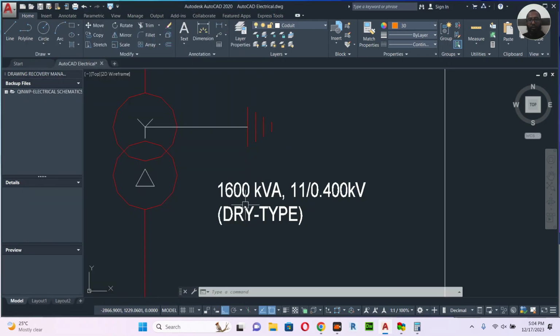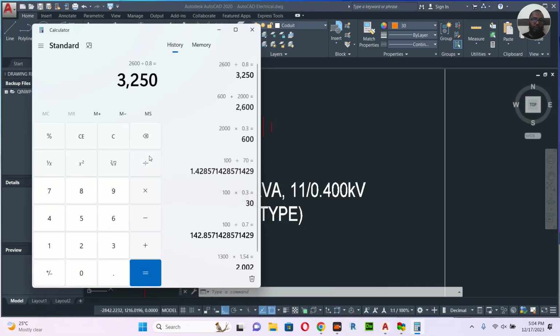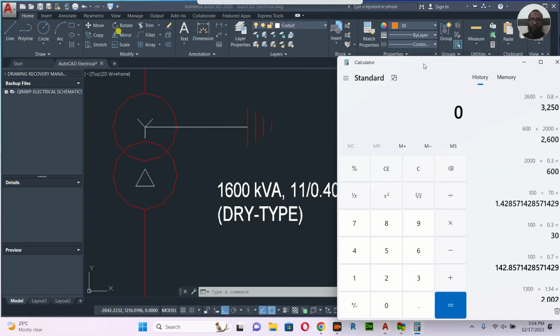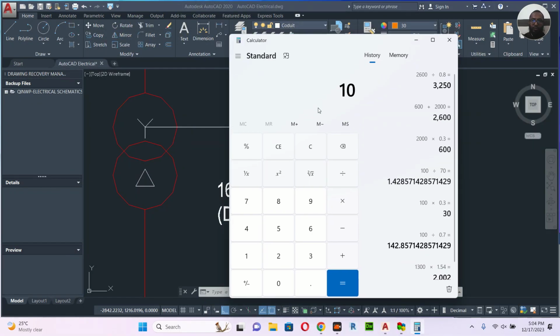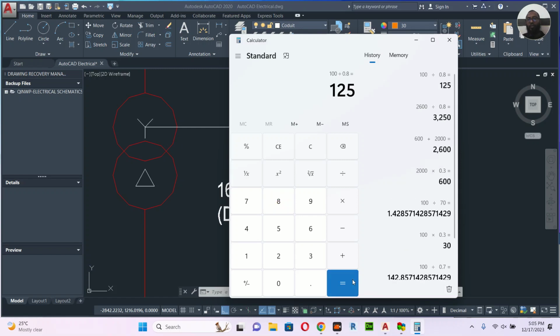Now I have 1600 kVA. To convert to power, I am multiplying by 0.8. But if I want to convert again to kVA, I need to divide. Let's check this. Let's say I have 100 kilowatts. Now if I divide by 0.8, this is 125 kVA. Now if I multiply by 0.8, it's 100 kilowatts. This is the concept.